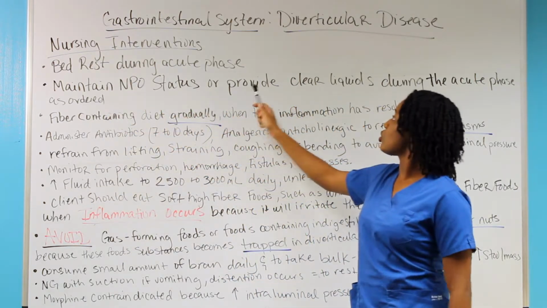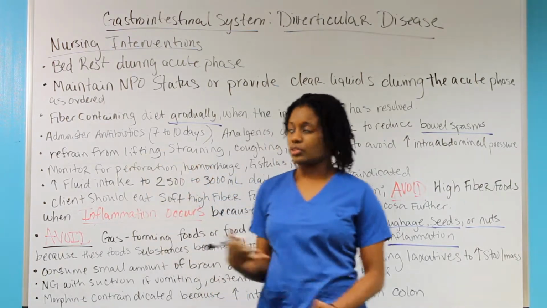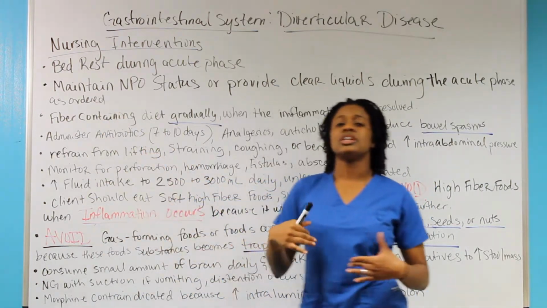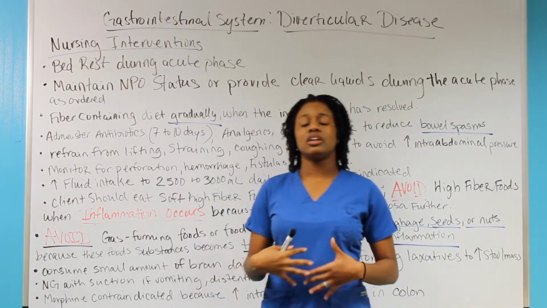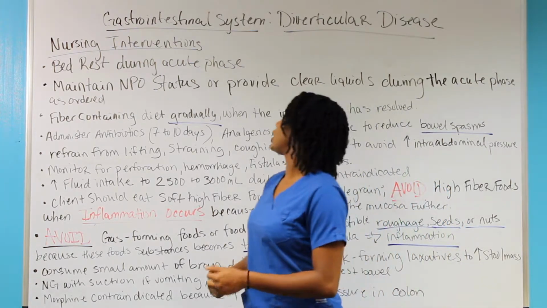Maintain NPO status or provide clear liquids during the acute phase, of course, as ordered. Most of the time, they may be NPO because their bowel is inflamed. You want to give them a chance to rest. So they may be NPO for a while, all right?